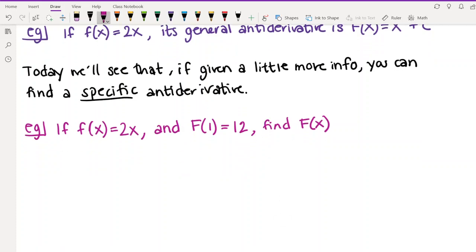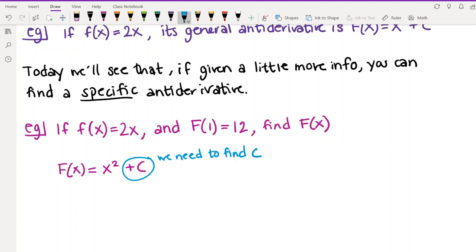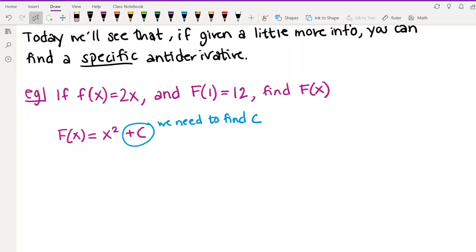The general antiderivative would be, as we just wrote above, capital F of x equals x squared plus c. To find the specific one, we need to find c. We need to figure out exactly what number we're adding in this specific antiderivative. How can we find that? Well, we can plug in 1 for x and set it equal to 12 and see what that gives us for c.